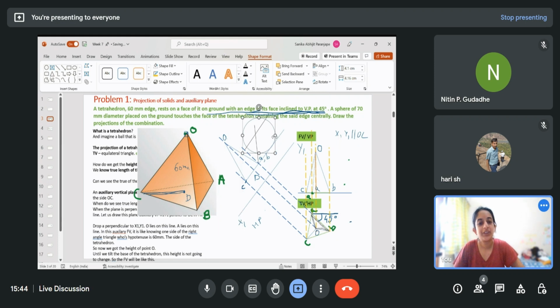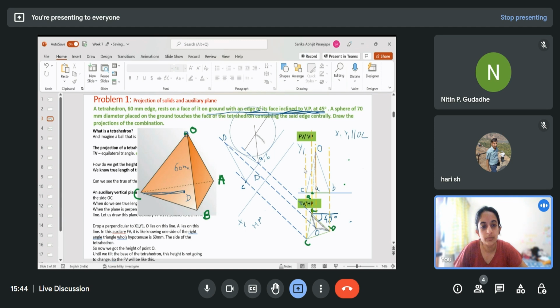Okay, so the radius should be 35, which is equal to the height from here. So this should be 35, and this will be 35 anyway, because that is how you have constructed the center of the circle.